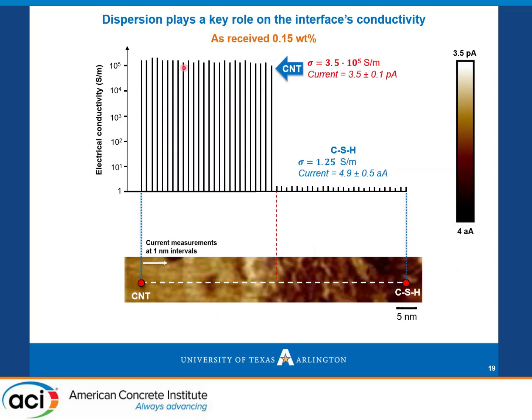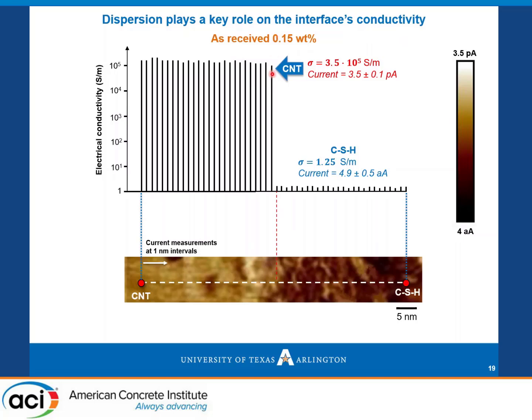So, we measured the current and we calculated the electrical conductivity, and we see that for the first 27 measurements, we found an electrical conductivity that corresponds to 3.5 times 10 to the power of 10 Siemens per meter. And this is the conductivity measured on the surface of CNTs.